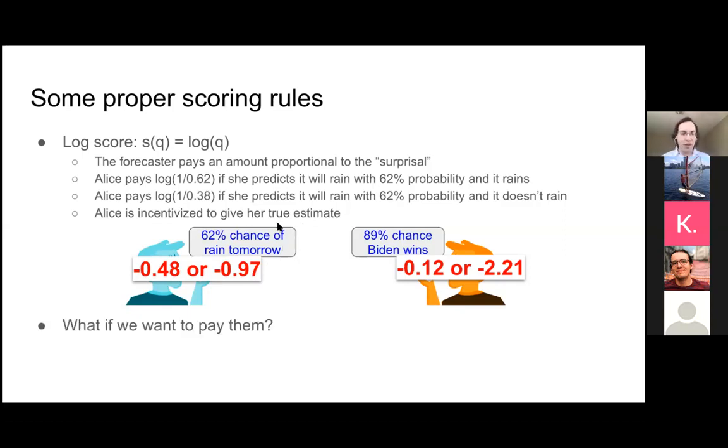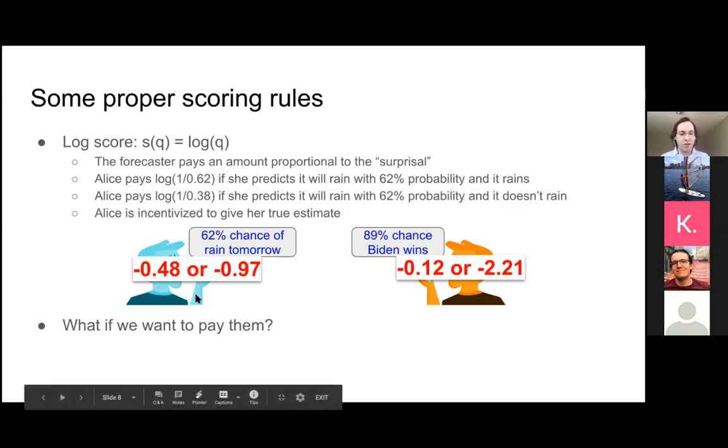Of course, these are negative, so this means that they pay us no matter what happens. We can imagine a situation where we want to pay them. In other words, we want S of Q to be positive.